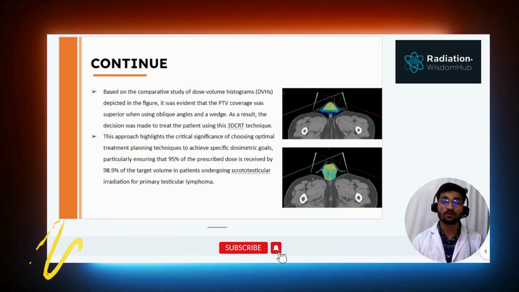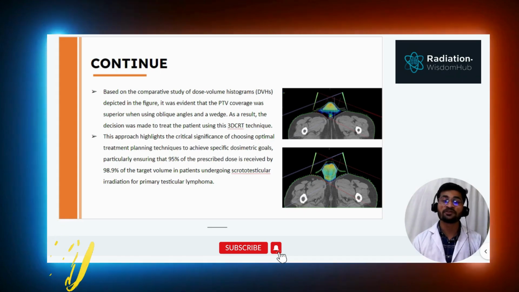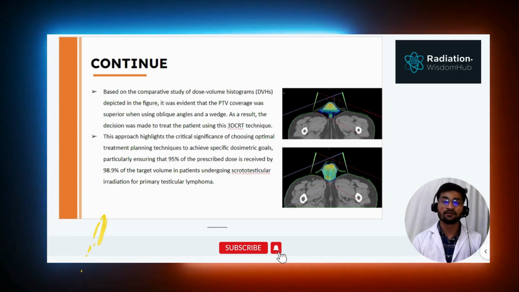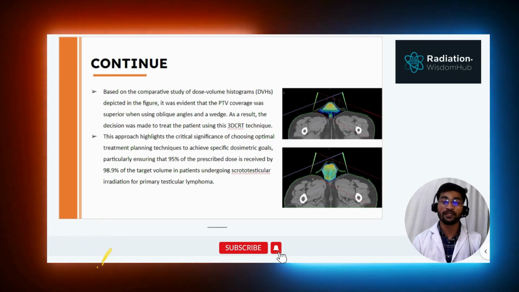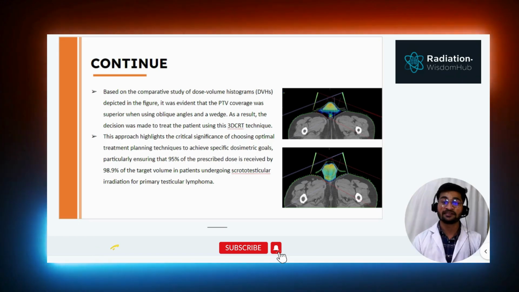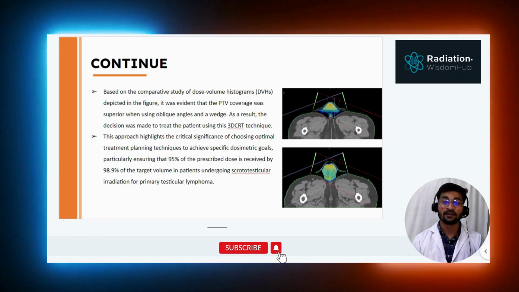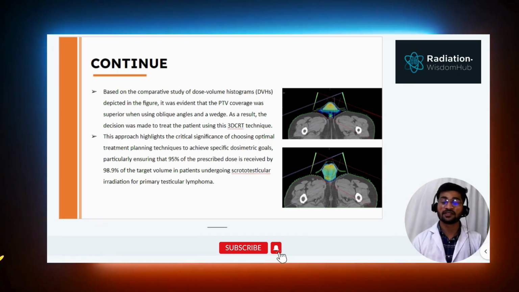Based on the comparative study of the dose volume histograms depicted in the figure, it was evident that PTV coverage was superior when using oblique angles and wedges. As a result, the decision was made to treat the patient using the 3D technique.